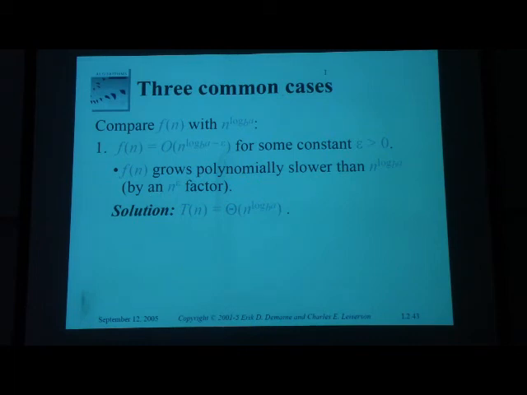So what we're saying is if the amount of work being done at the bottom level is more than the one at the top level, then the theta complexity is the amount of work being done at the bottom level. Because it means that the amount of work is increasing.